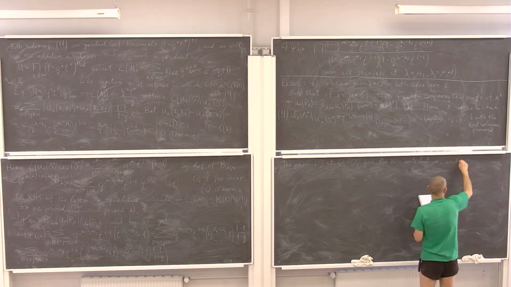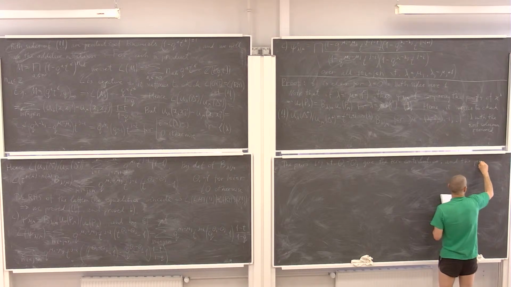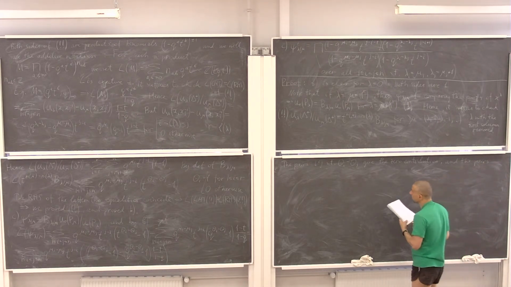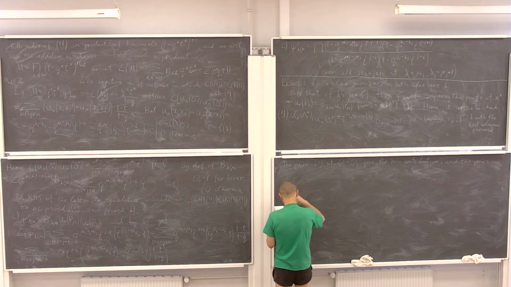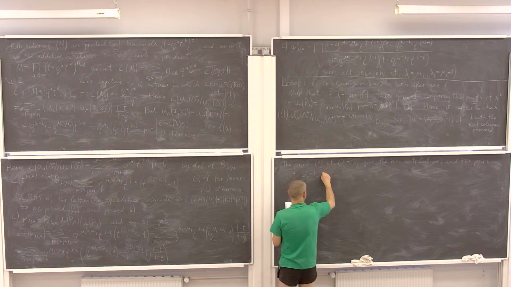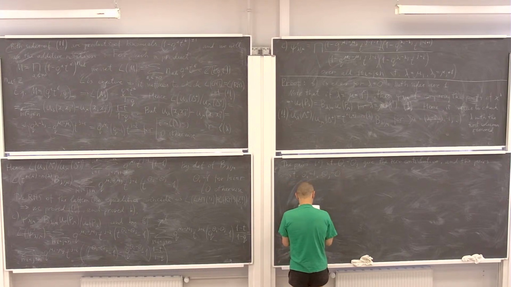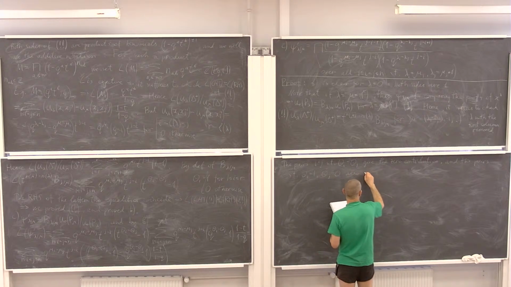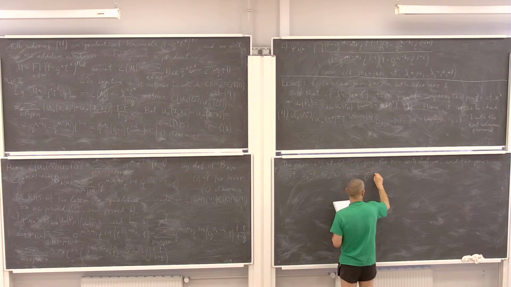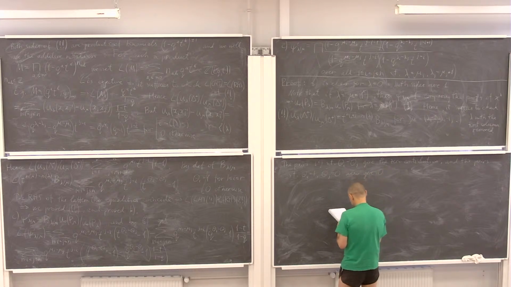And the pairs such that theta i equals 1 and theta j equals 0 also zero contribution.